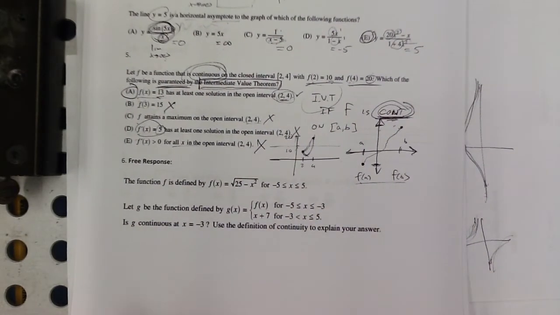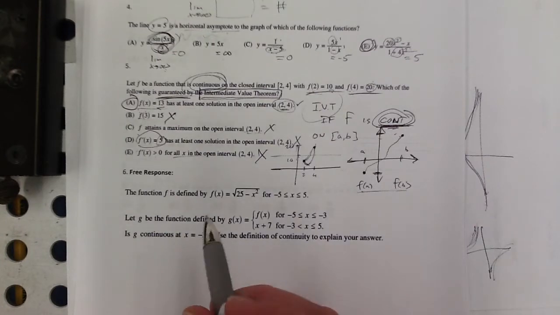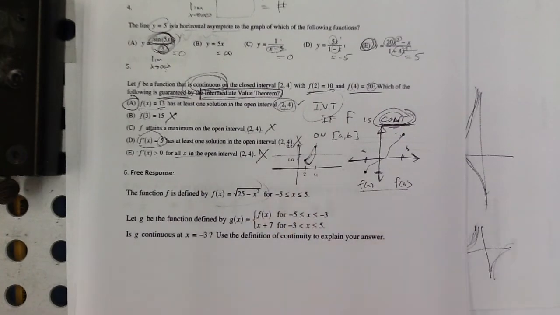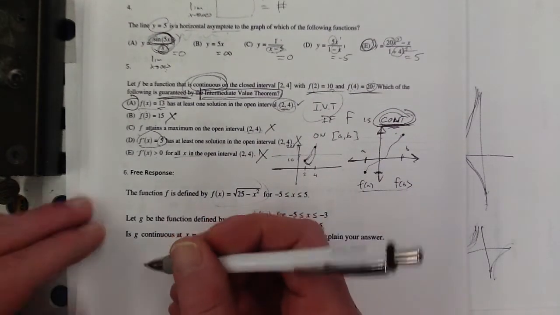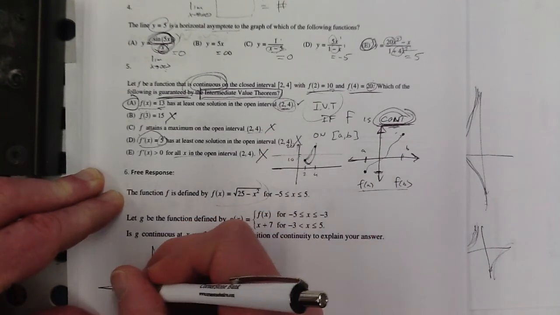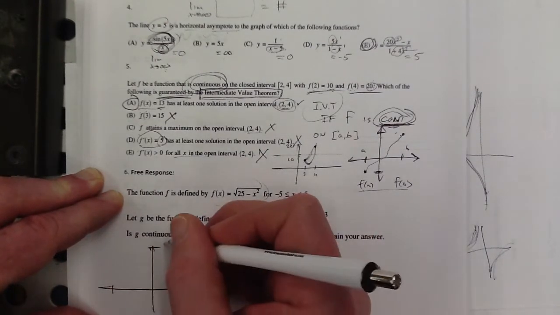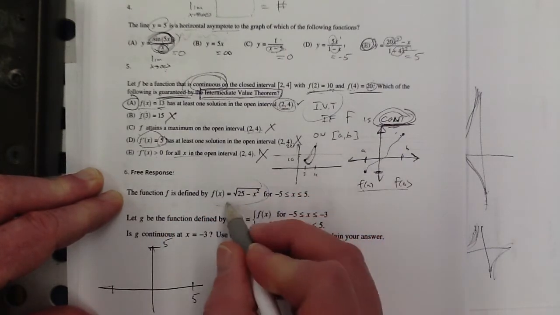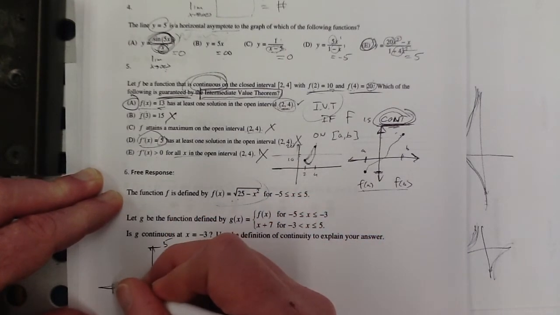Number 6, the function f is defined by this. It's a helpful function to add to your repertoire of things that you know about, like y equals x squared. This is the top half of a circle with a radius of 5.